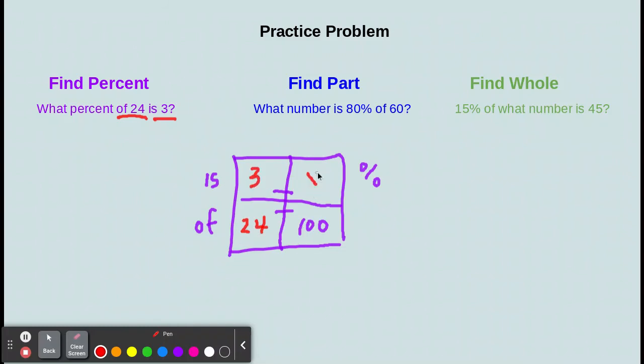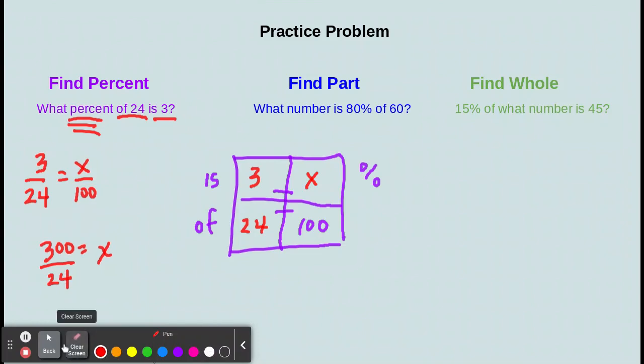And of course, that's our unknown. So for this one, it's going to be 3 over 24 equals x over 100. Multiply both sides by 100, and you get your x. So now you need to simplify that down, and that would tell you what percent of 24 is 3.